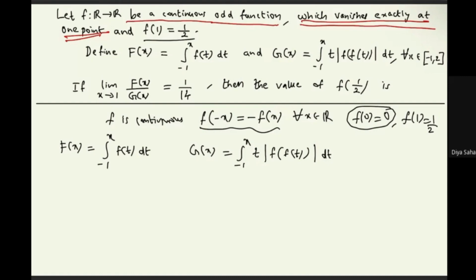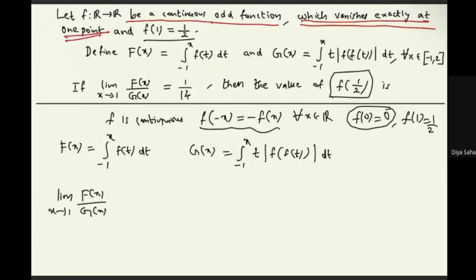And this is also given: the limit as x tends to 1 of f of x by g of x is given to be 1 by 14. So there are so many conditions, but finally they are asking about f of half. So how do we use all these things to get the value of f at half? That's our question. So we can do it one by one.